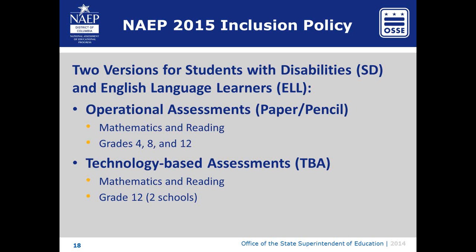I will follow up with a webinar specific to those schools that will be administering the assessment through the TBA process. The bulk of today will focus on the operational assessment because 98% of our schools will be doing the paper pencil in mathematics and reading, grades 4, 8, and 12.